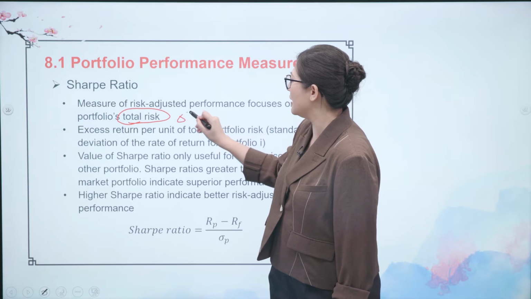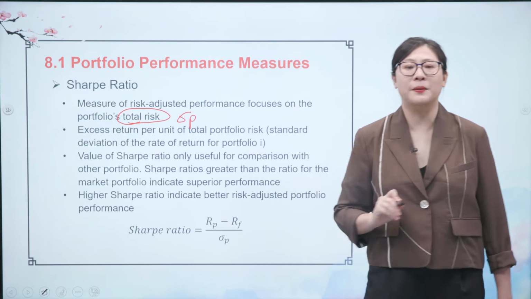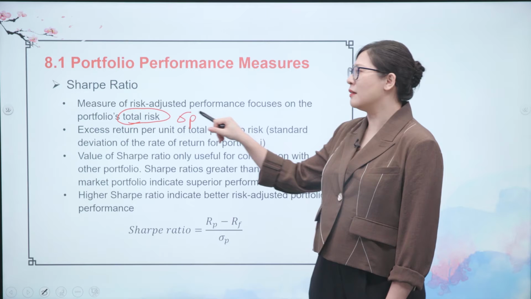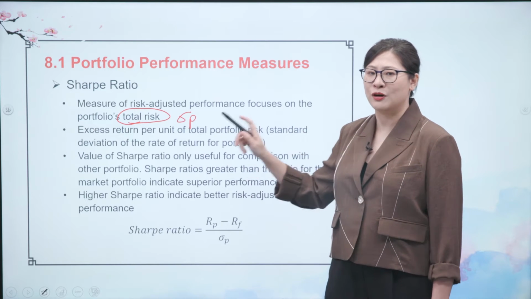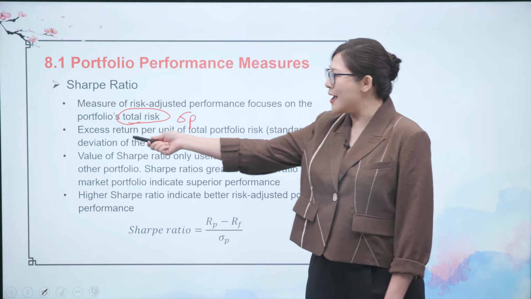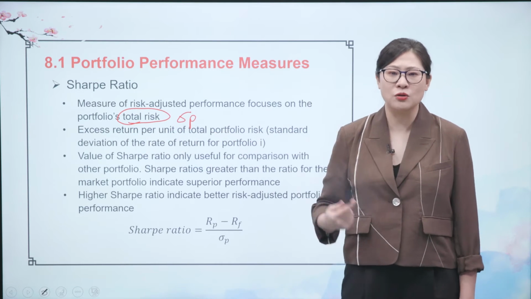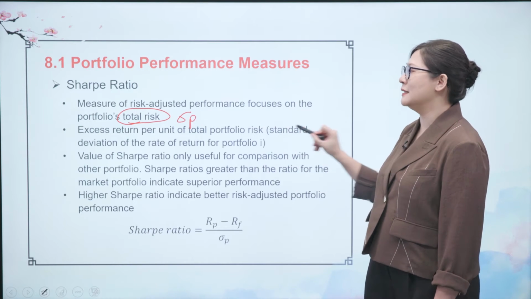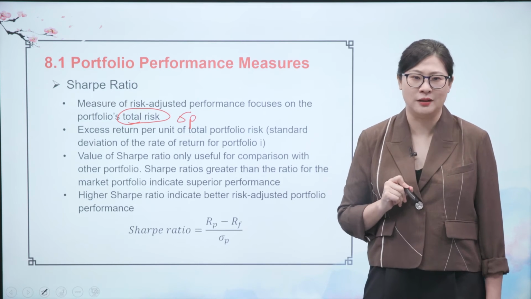We can denote it as sigma p or sigma i. So based on the equation, we can see the Sharpe ratio is equal to the asset's return per unit of total portfolio risk. This portfolio risk is the standard deviation, as I mentioned.